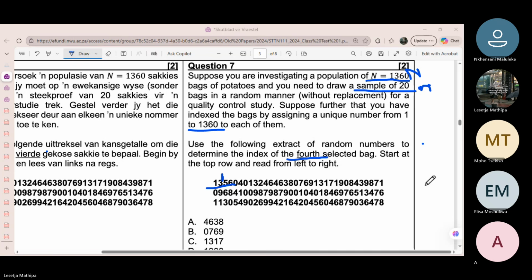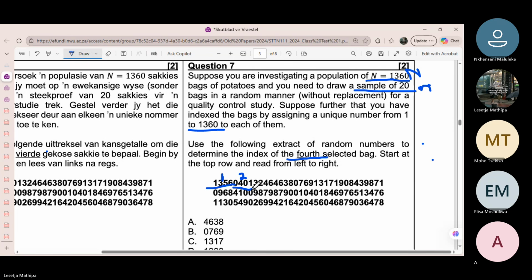Anyone? So now you have 0,401 here. That will be our second element. The second element will be 0,401 here.